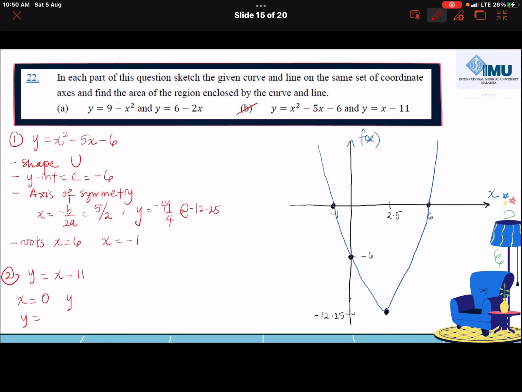What will be your y-intercept? Correct, it's going to be -11. But what happens when your y equals 0? Yes, your x-intercept will be +11. So you will have these two coordinates, (0, -11) as well as (11, 0).